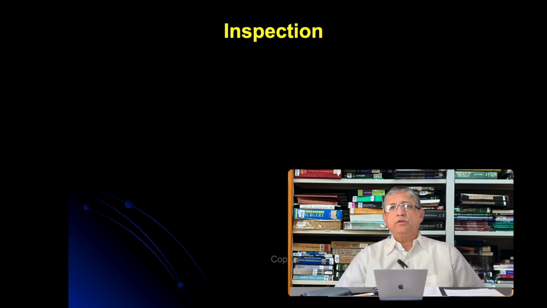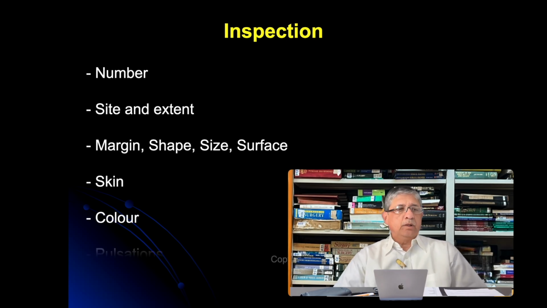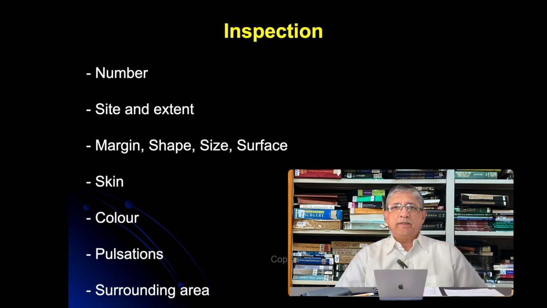These all are the points to look at: number, site and extent, margin, shape, size, surface, skin overlying the swelling, color of the swelling, pulsations, and the surrounding area. Let us discuss them in detail.